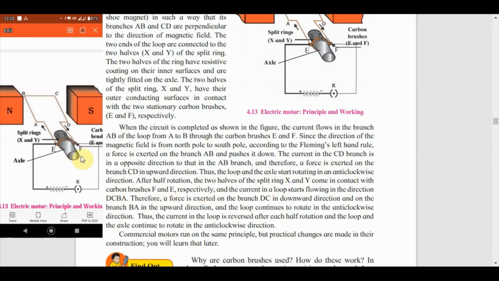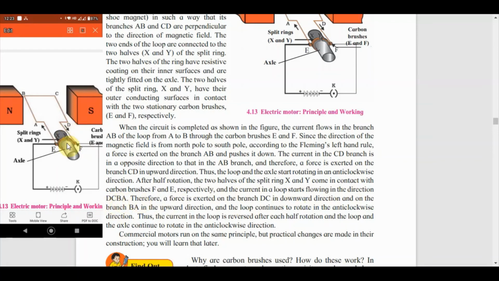Now the rotation takes place. AB goes down, so E will come in the position of F and F will come in the position of E when the half rotation is complete. And the current in the loop starts flowing in the direction DCBA.